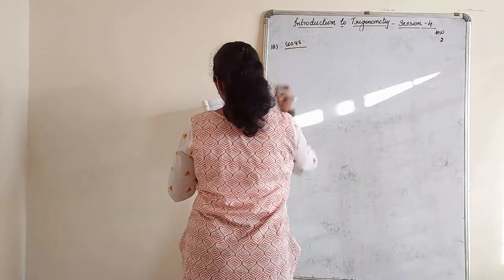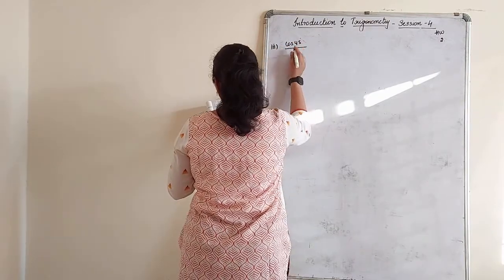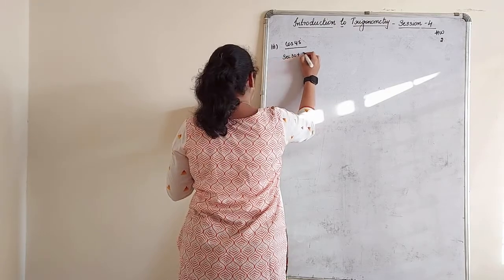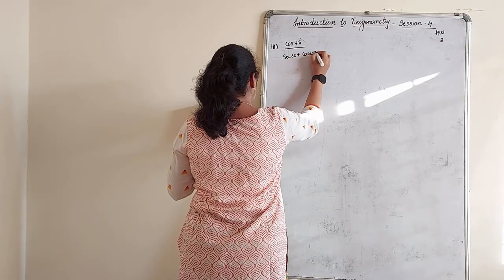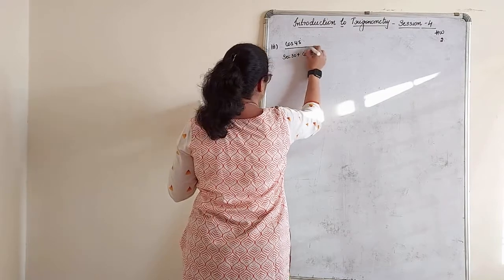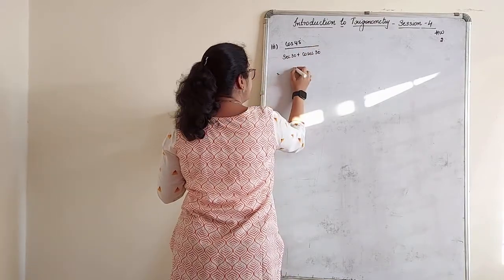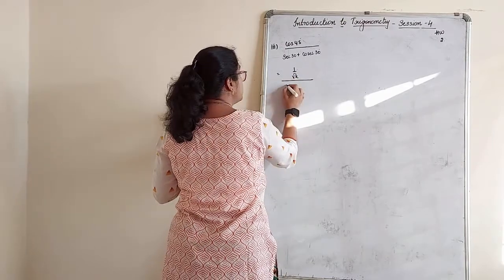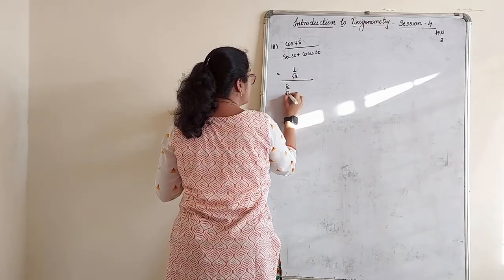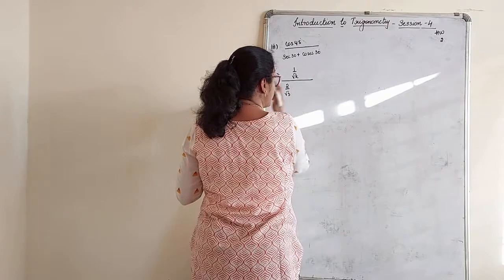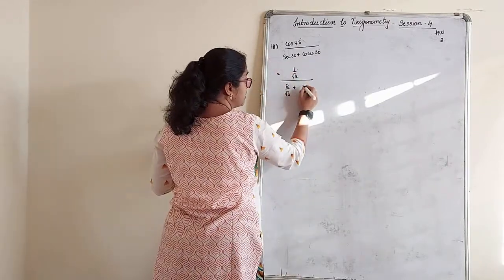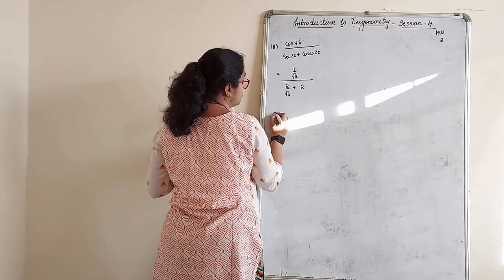Cos 45 divided by sec 30 plus cosec 30. Cos 45 is 1 by root 2. Sec 30 is 2 by root 3, the reciprocal of cos. Cosec 30 is the reciprocal of sin 30, which is 1 by 2, so it is 2.